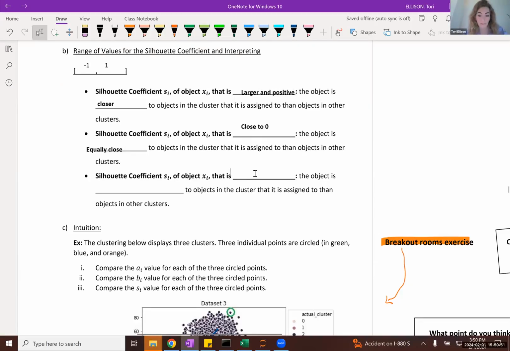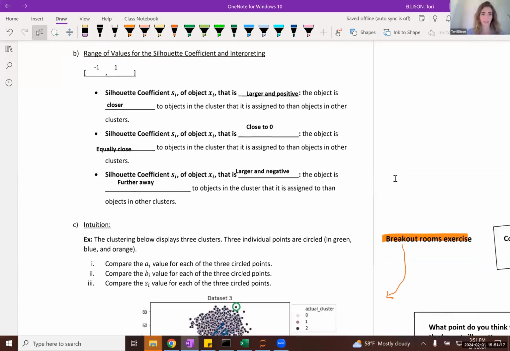So the final scenario is when the silhouette score of a given object is larger and negative, so closer to -1. What that implies is that the object is actually further away from the objects in the cluster that it was assigned to, and it's actually closer to the observations in some other cluster that it was not assigned to.